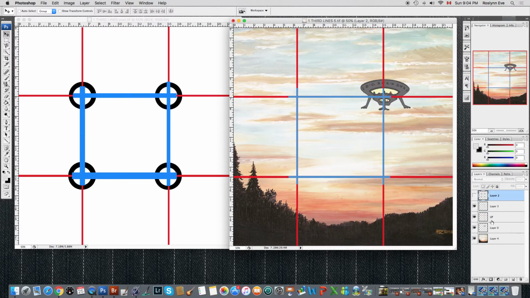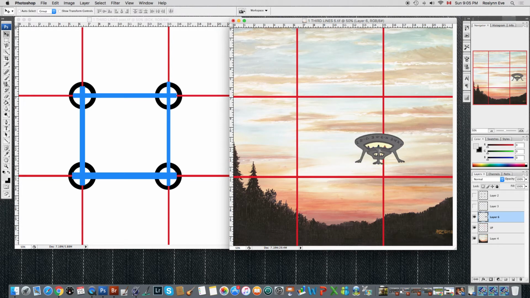Okay, so if we place this, you can see that it is on the third line. There you go. And as soon as you move it around, see how it loses its ability. Okay, so you get the point, right?